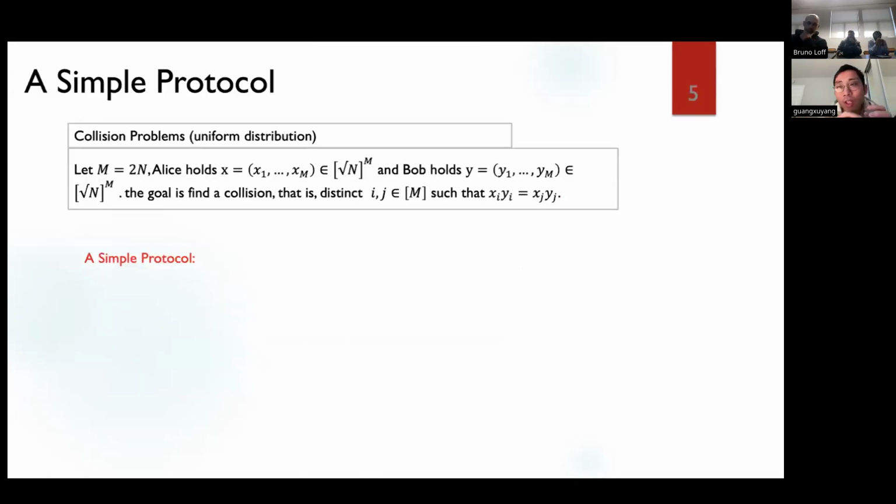Okay, so first we can go through the simple protocol. For the simple protocol, you can consider a uniform input distribution. That is, each element of Alice's input is uniformly sampled from the square root n set, and each element is independent. Bob also has this kind of uniform input distribution. For the uniform distribution, there is a very simple protocol.